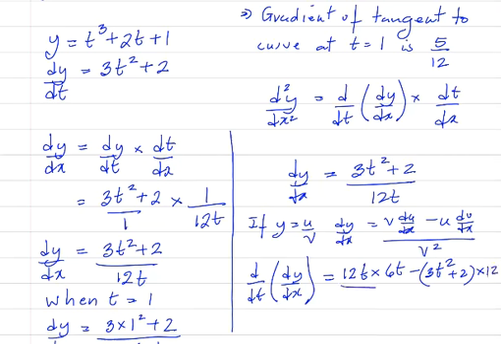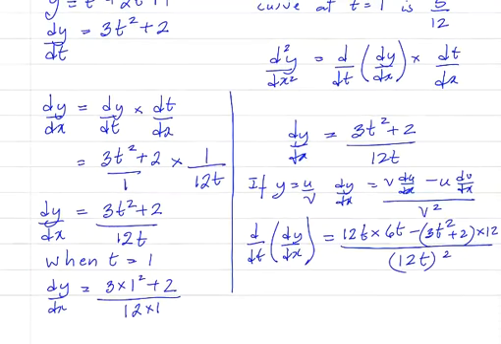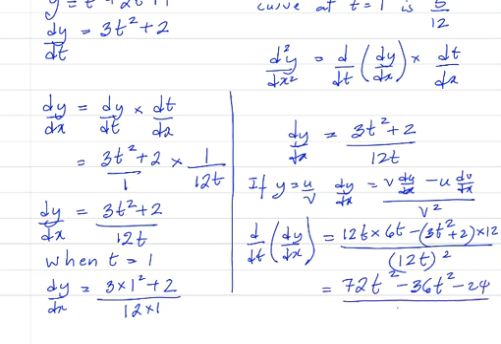And this is all over the square of the bottom, which is 12t squared. So if we simplify, we're going to end up with 72t squared minus 36t squared minus 24 all over 144t squared.